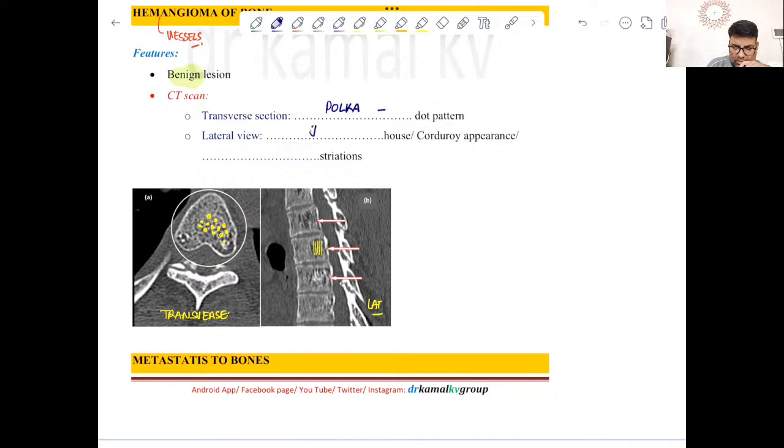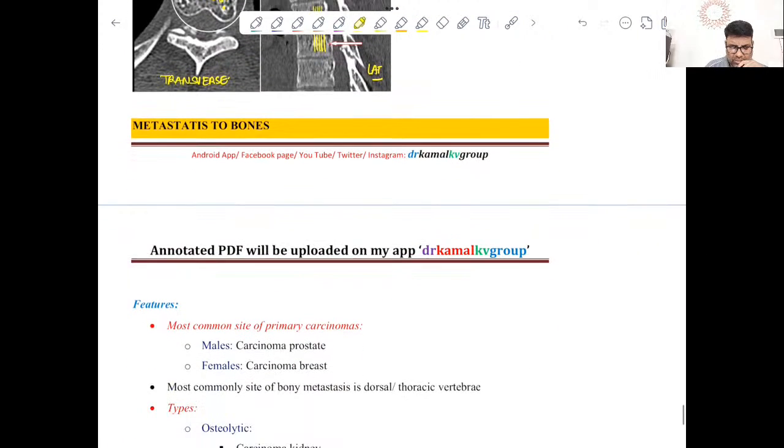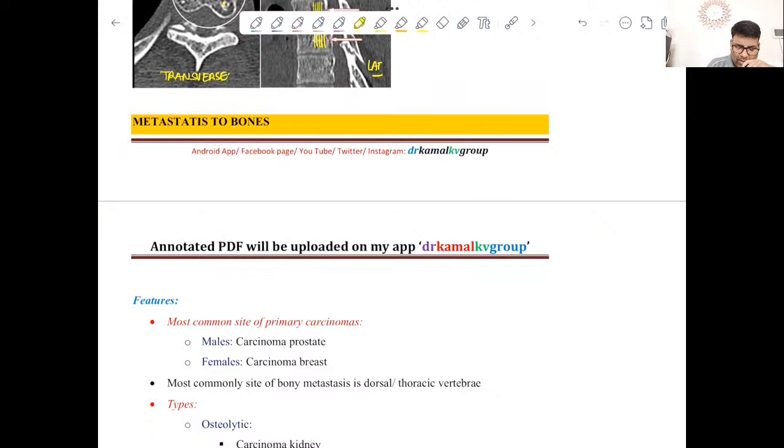So that is known as jailhouse or linear striations or corduroy appearance, right? So it just looks like a bar of a prison. So jailhouse appearance.